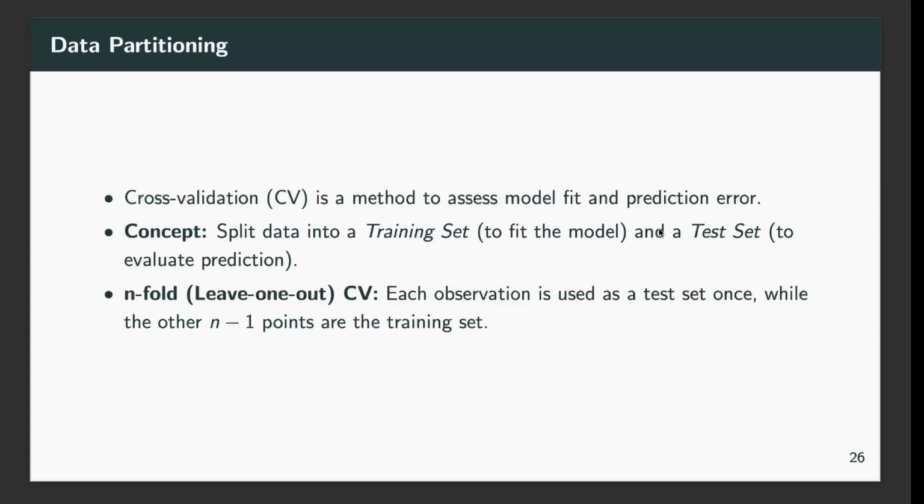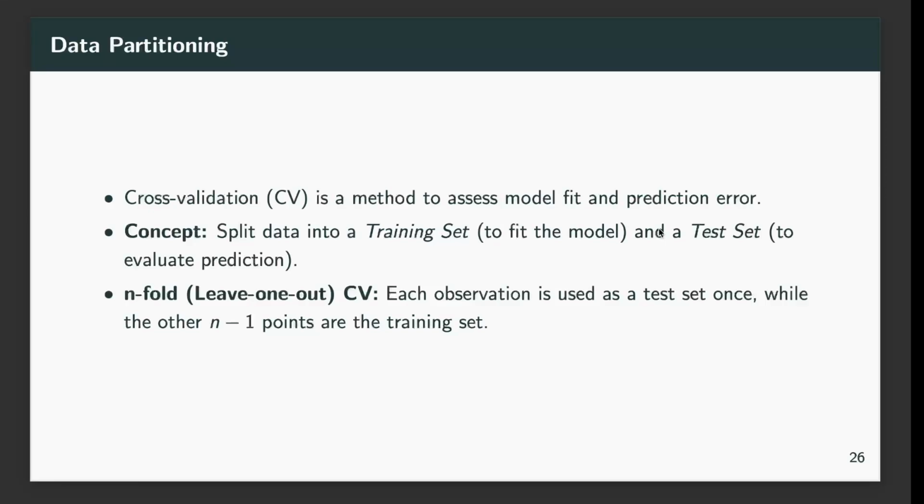So when we talk about data partitioning, cross validation is a method to assess the model fit and prediction error, or the out of sample prediction error, to see how well our fitted model predicts observations that were not used in the process of fitting the model.